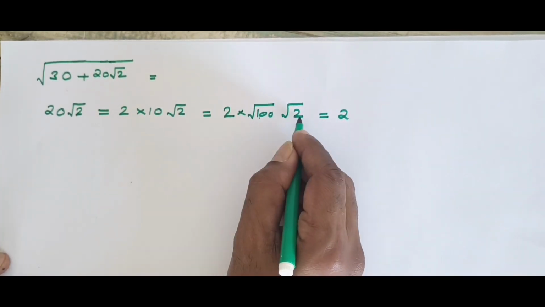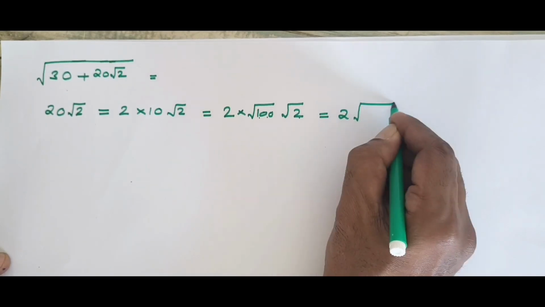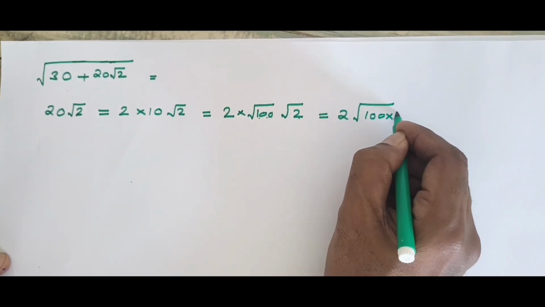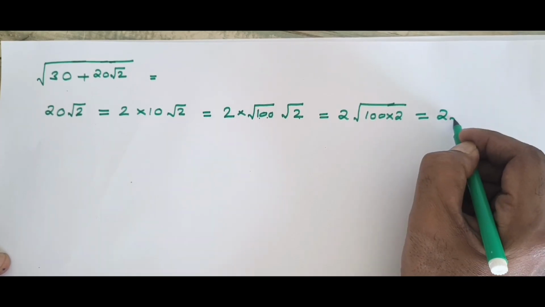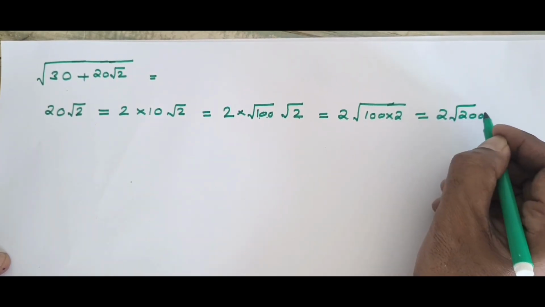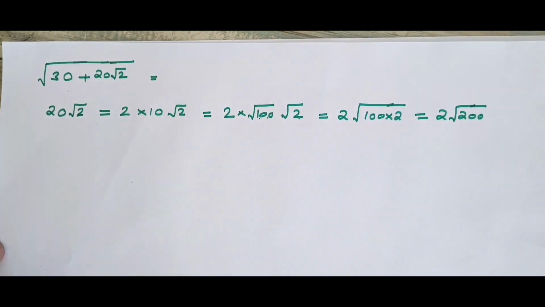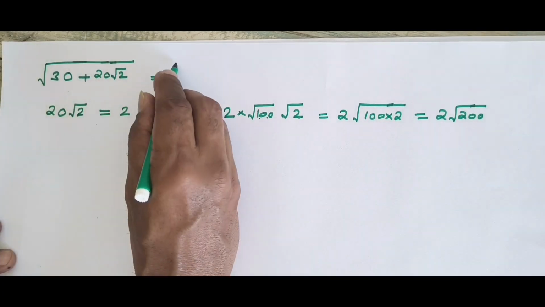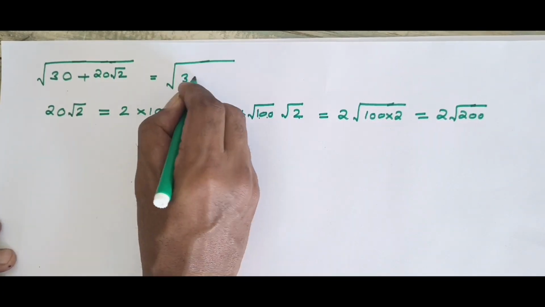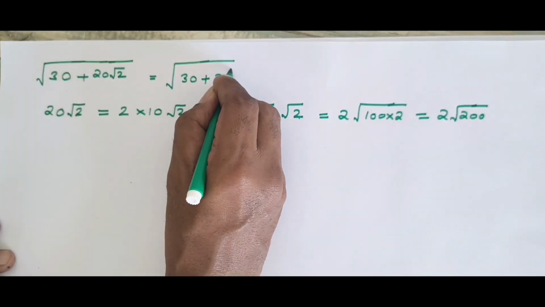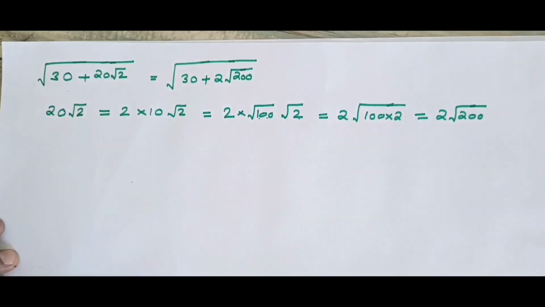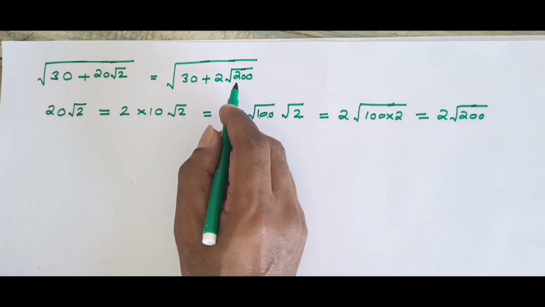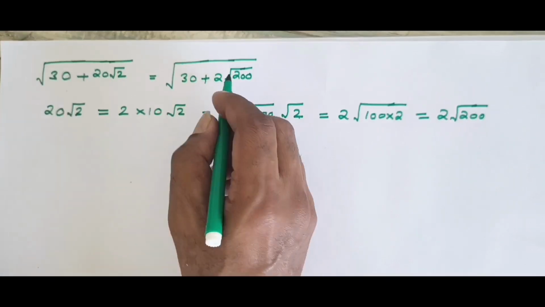See, root of 100 multiplied by root of 2. You can bring these two numbers under the same root sign, and you have 100 multiplied by 2. This is equal to 2 square root of 200. So this number will be square root of 30 plus 2 square root of 200. In the next step, you will split 200 as a product of two numbers.